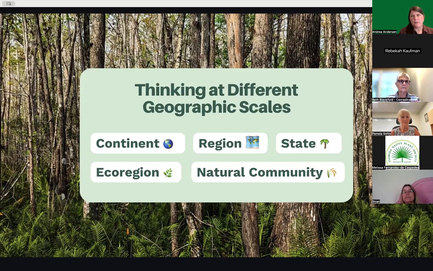So I'll go to the Lake Wales Ridge, or to my local nature preserve, find a habitat that looks similar, see which plants grow there, and then put them in my yard. Some people will adjust the soil in their yards to accommodate plants that might not naturally occur there. So that's an option too, but that's something to consider.